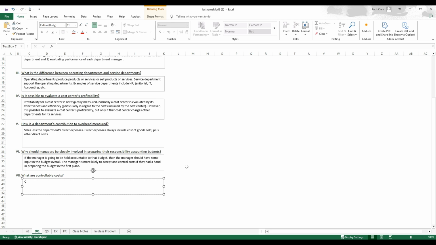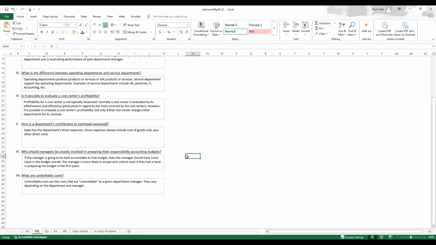Okay, last question. What are controllable costs? Controllable costs are the costs that are controllable by a given department manager. And they vary depending on the department and manager.